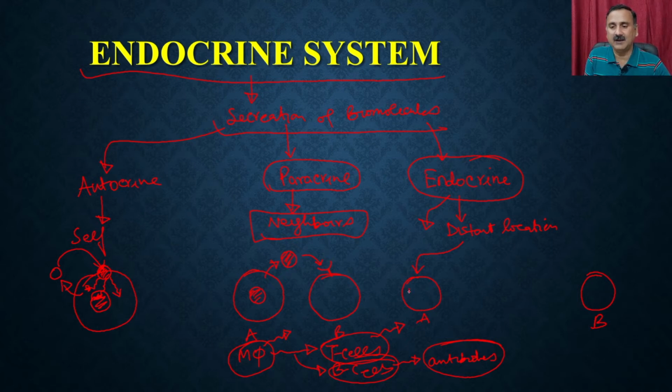For example, cell A is a liver cell and cell B is a brain cell. In this case cell A is going to send the molecules, and they will travel into the blood, and through the blood they will reach the brain, and that is how it provides the signal to the brain.